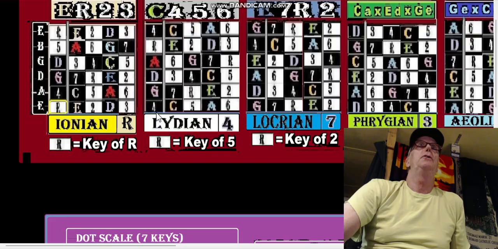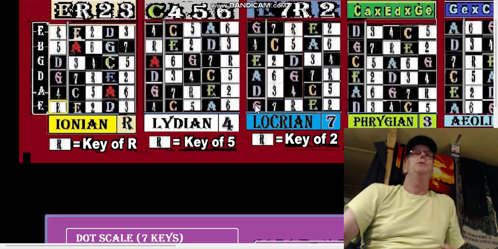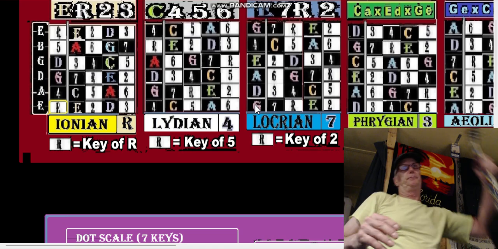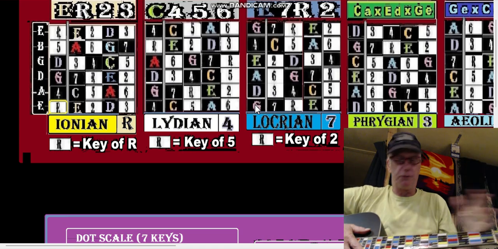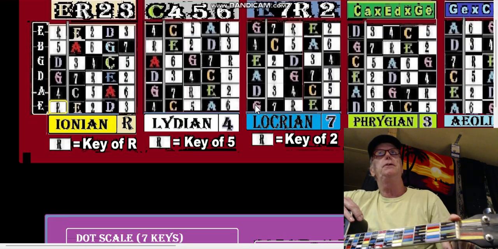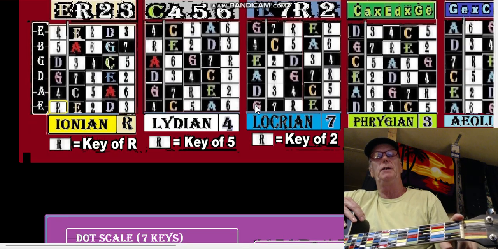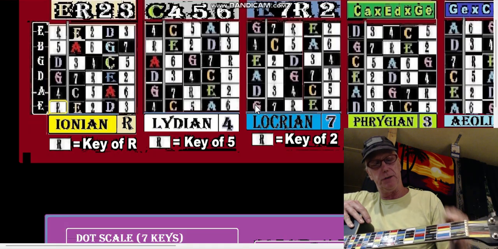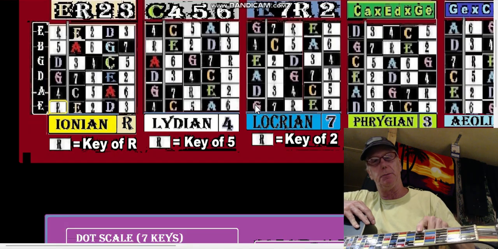Now this is the lowest playable note in each cage, but as you know, if you move those cages to the open string zone, okay, depending on what that dot note is, what that lowest playable note is, could have the capo here and the lowest playable note would be this note.